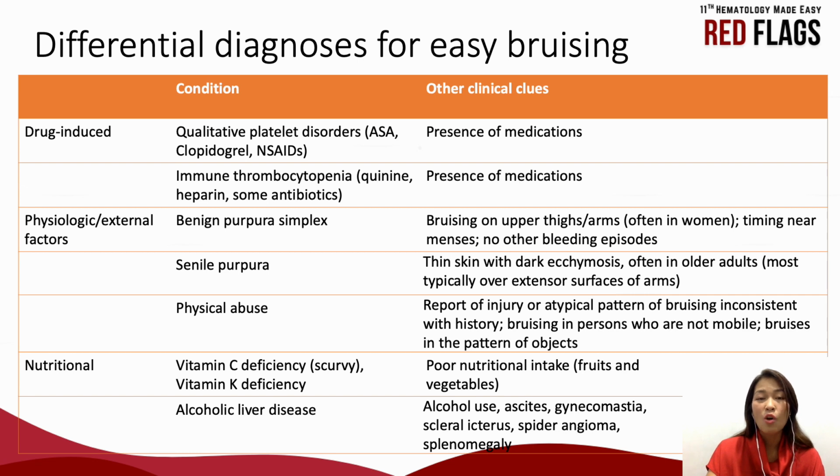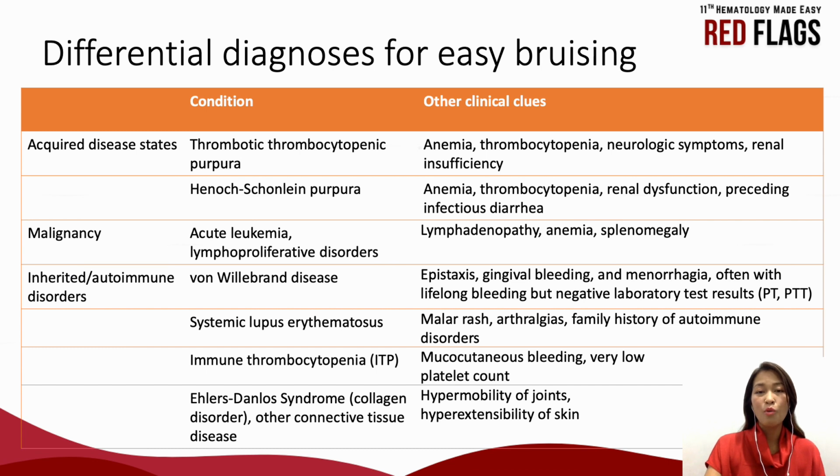Nutritional deficiencies are also common causes of easy bruising, particularly vitamin C or scurvy and vitamin K deficiency. Alcoholic liver disease should also be considered if there is a history of alcohol use or abuse, gynecomastia, scleral icterus, spider angioma, or splenomegaly.